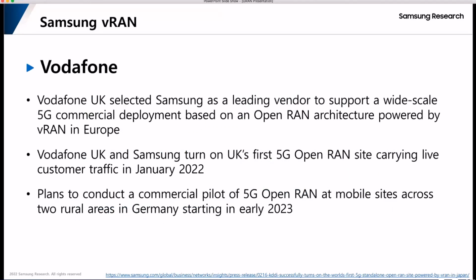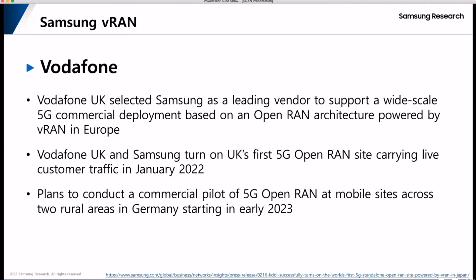So one of these releases was with Vodafone in Europe. Together with Samsung as the leading vendor, they are planning a wide-scale 5G commercial deployment based on an Open RAN architecture. In January 2022, they were able to turn on the UK's first 5G Open RAN site, which carried live customer traffic.